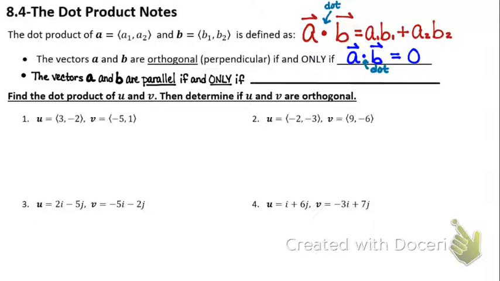Two vectors being parallel. We've actually already touched on this a little bit. You don't need the dot product to determine if two vectors are parallel.